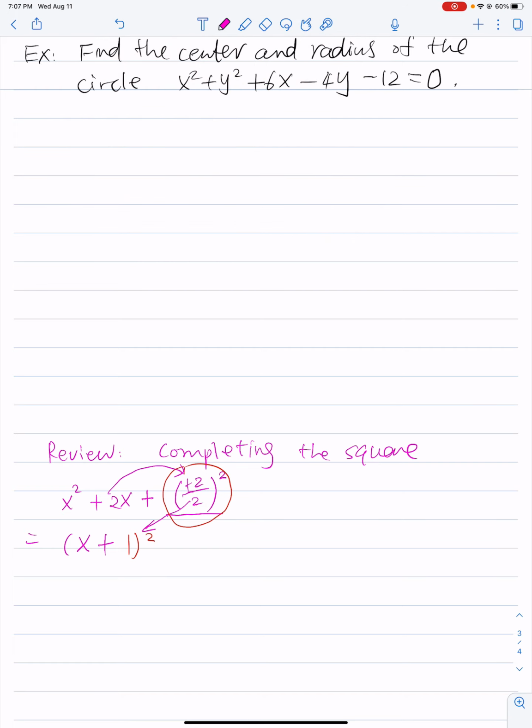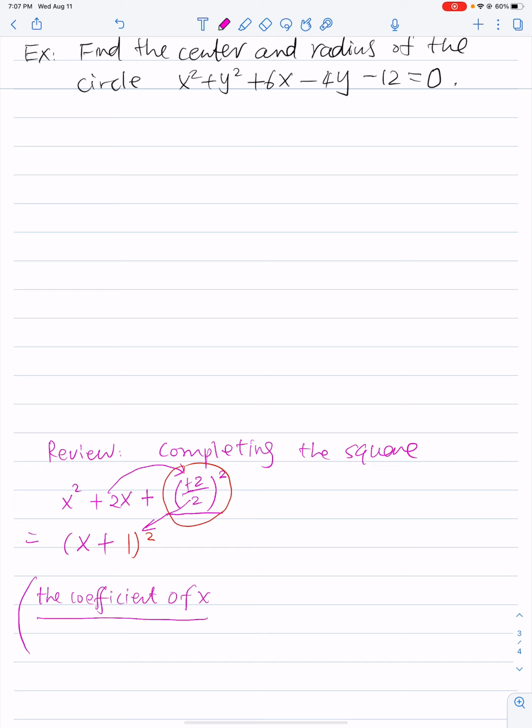This is the formula: the coefficient of x divided by 2, then squared. And then the perfect square is x plus the coefficient of x divided by 2, squared. This is the perfect square.